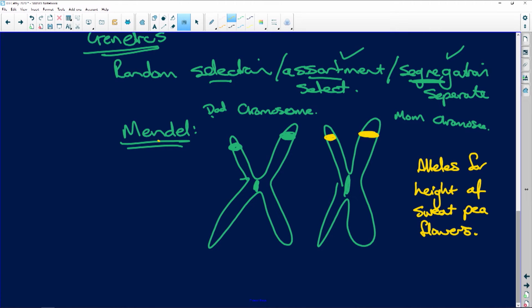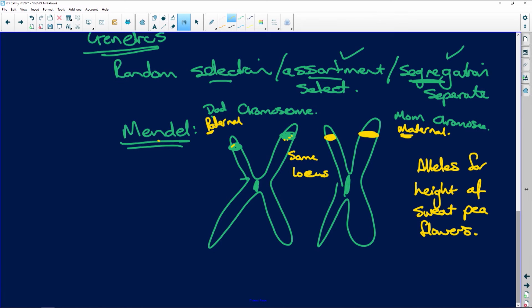Okay, what happened then, these are alleles. So those are all alleles. These are the alleles on the paternal chromosome, and this is on the maternal. Remember, ma, maternal, pa, paternal. So they're your alleles. They sit on the same locus.